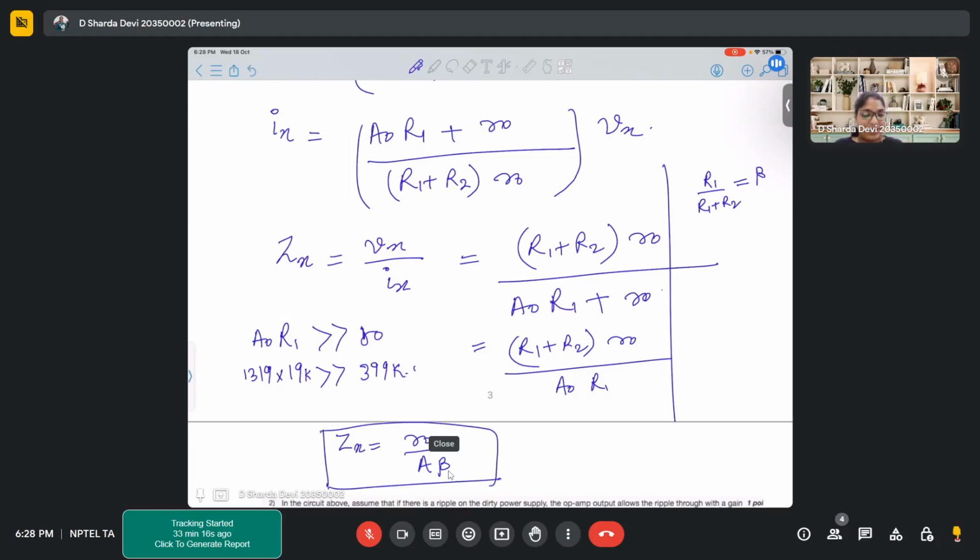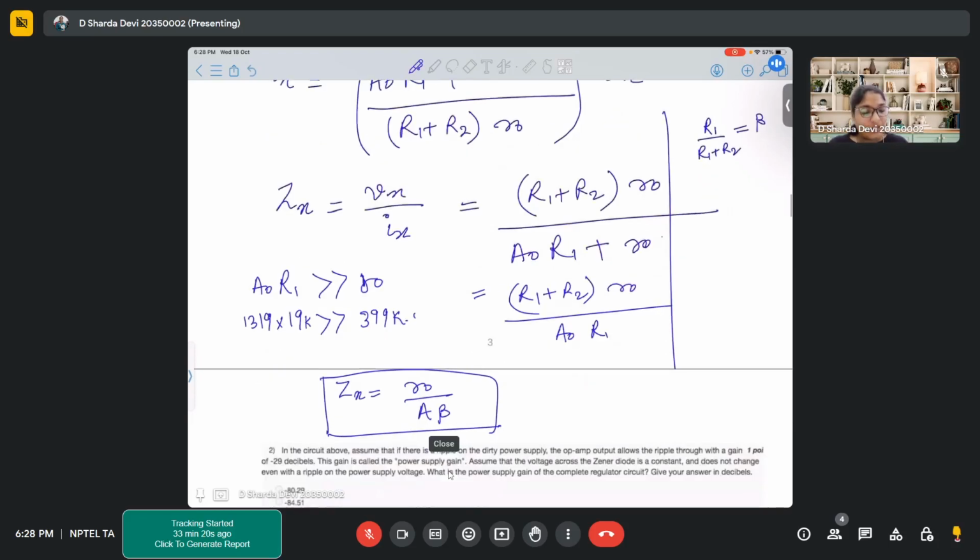So basically what has happened, because of this additional feedback, your output impedance has reduced by A beta times. Earlier it was only R naught. Now because of this feedback, it has reduced to R naught upon A beta.